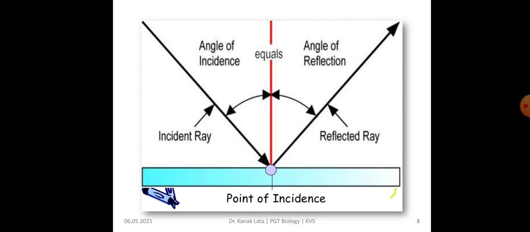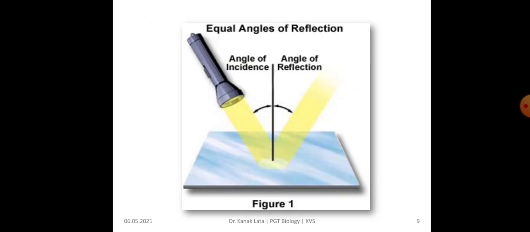In this figure, you may observe the incident ray, reflected ray, normal, angle of incidence and angle of reflection. The given figure shows that the angle of incidence is equal to the angle of reflection.